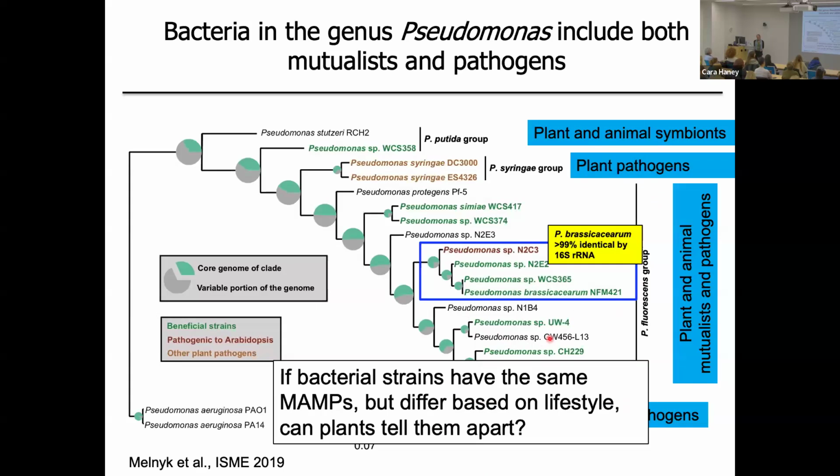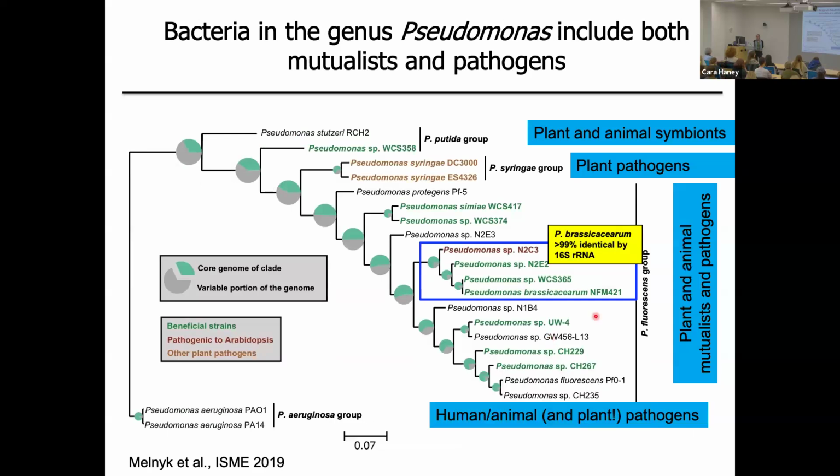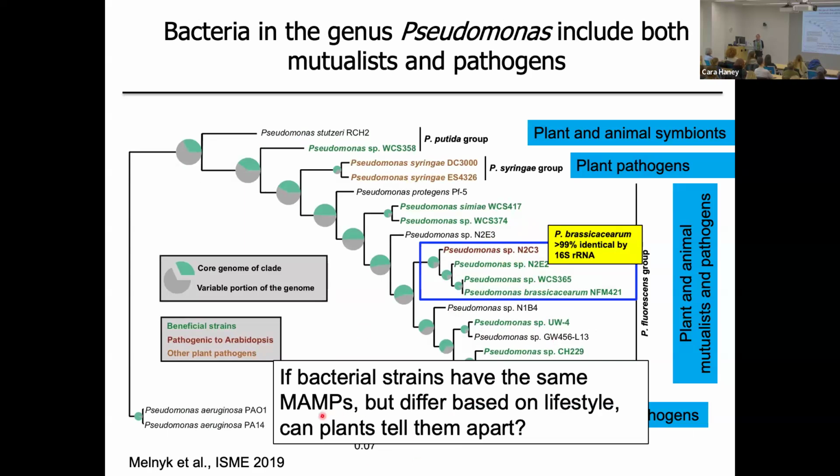And we accidentally, a few years ago, found that within the Pseudomonas fluorescens, there was an opportunistic pathogen. And so I'm going to describe this system, but then keep in mind that the reason that I'm telling you about this system is because we want to understand, can plants tell apart closely related bacteria? So within this group, there are pathogens and mutualists. These are strains that have the same microbe-associated molecular patterns. And so can plants tell them apart?